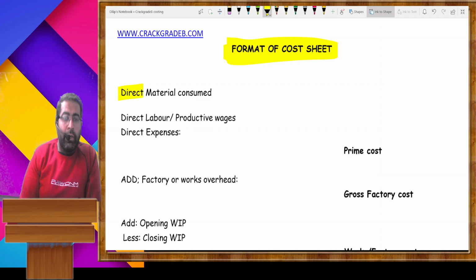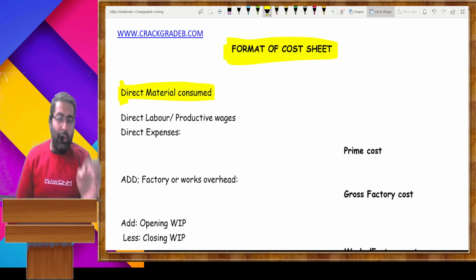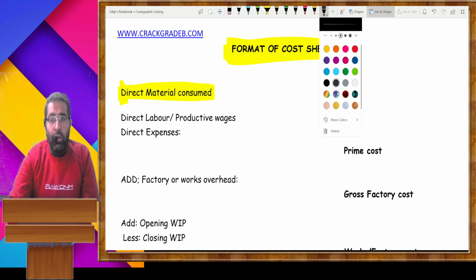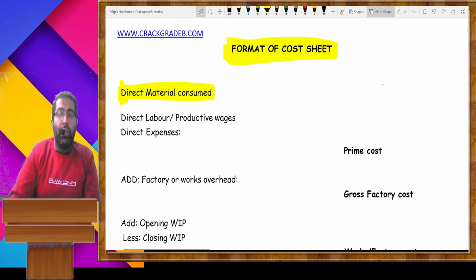First of all, direct material consumed. How much material you consumed during the entire year is regarded as direct material. How is it calculated? Just write the formula.